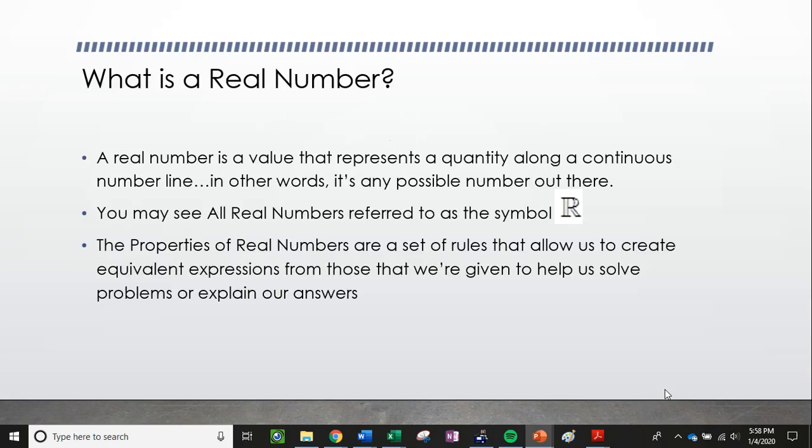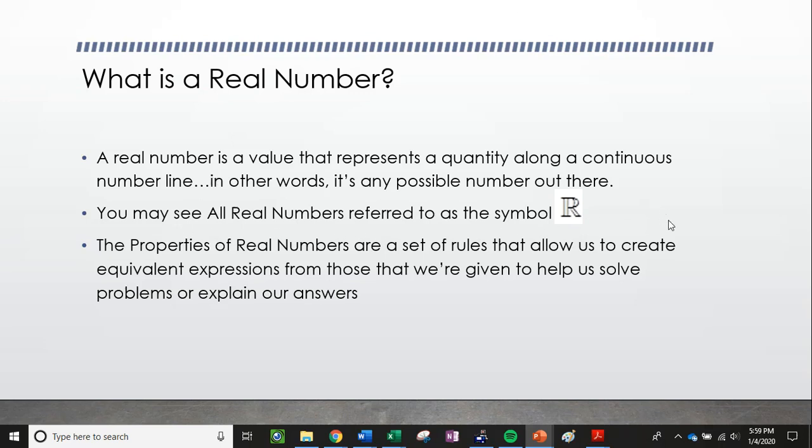All right, so what is a real number? We touched a little bit in the first vocab video on classification of numbers, but a real number is a value that represents a quantity along the number line. So really any possible number out there. You will see this symbol, like the double R. That stands for all real numbers.